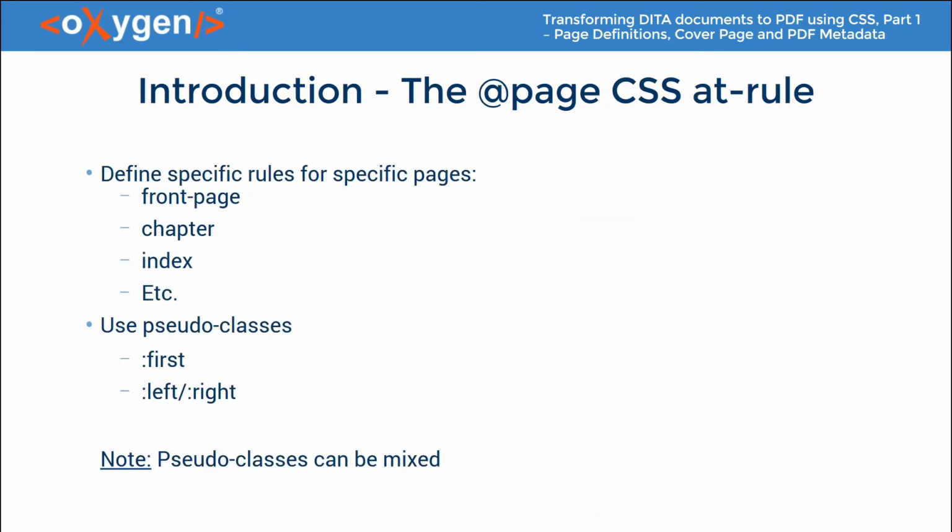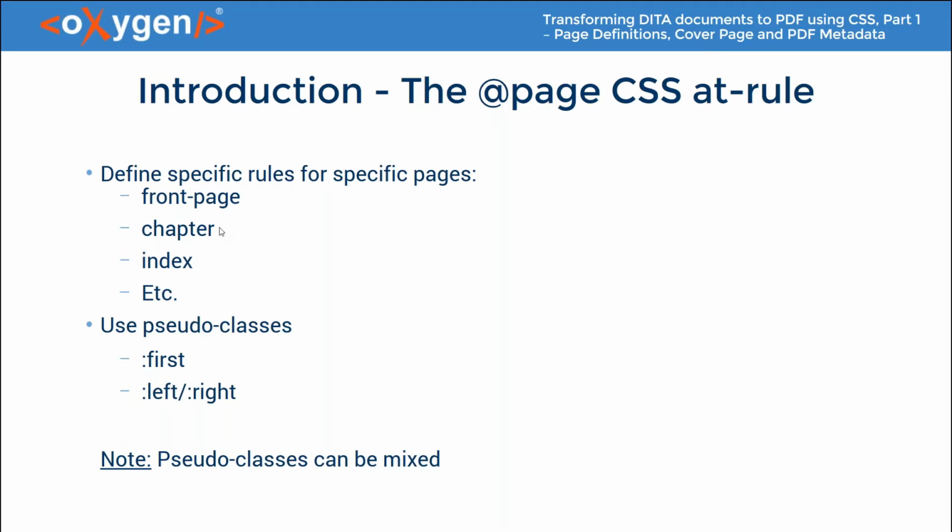So to continue with this page CSS rule, we will use it later in the webinar. Other things that you can define inside this rule are the sub-rules for some specific pages of your document. For example, the front page, which is the first page you will encounter when you open a PDF document. You can specifically define a chapter if you want something different only for the main chapter page.